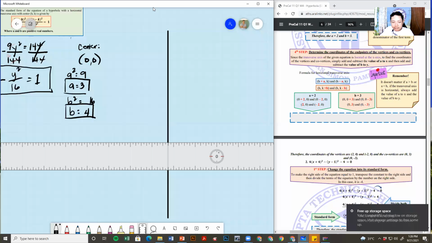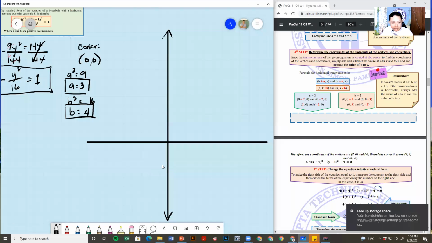So we now have our Cartesian plane here.